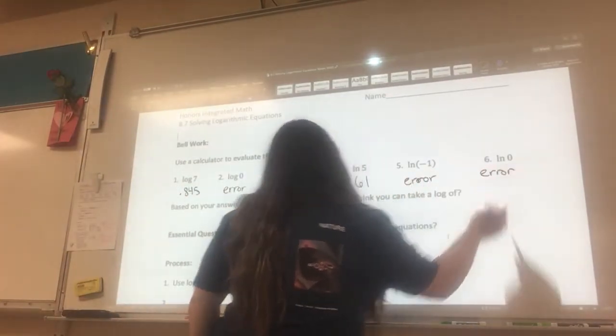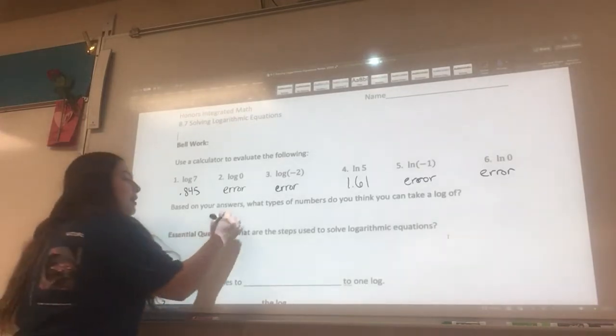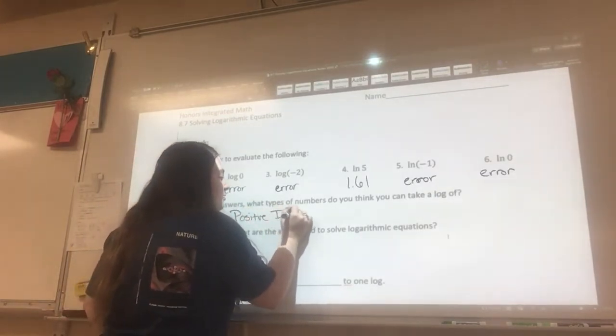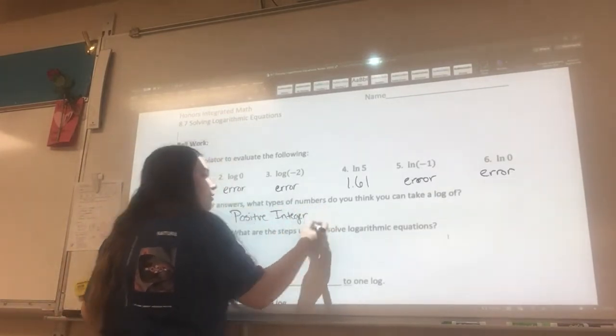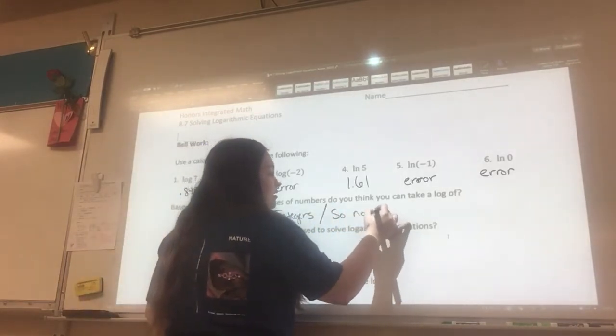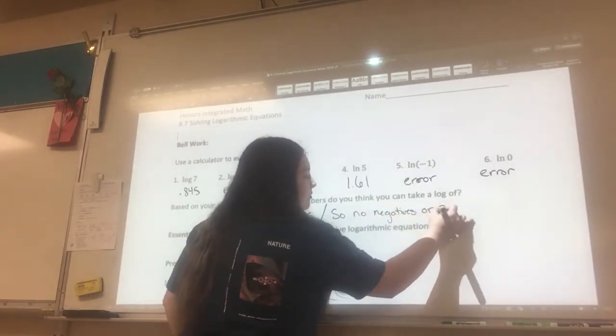Based off of these answers, what type of numbers do you think you can take log of? You should kind of see. It should be positive integers, so not negatives or zeros.